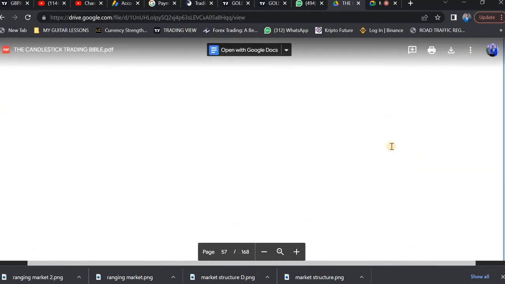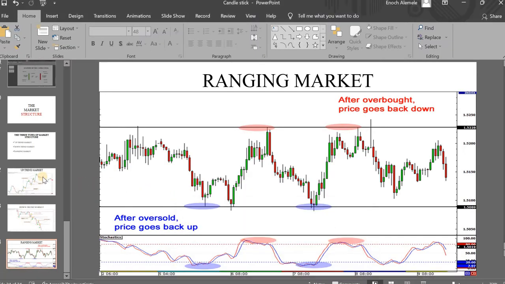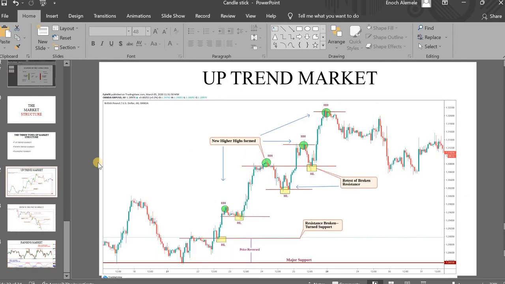Now, how do you trade an uptrend market and then a downtrend market? We want to look at how to trade an uptrend market and then a downtrend market. Okay, so that is the next thing we are talking about. How do you trade this type of market?